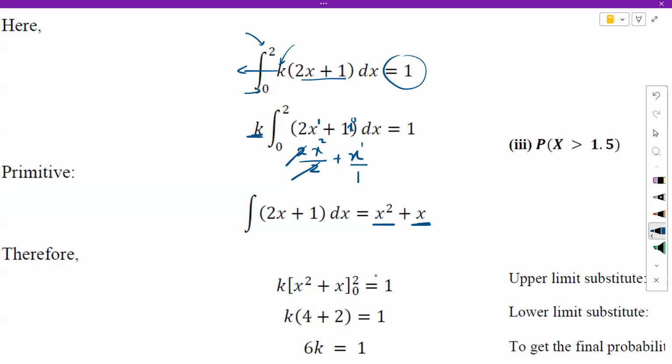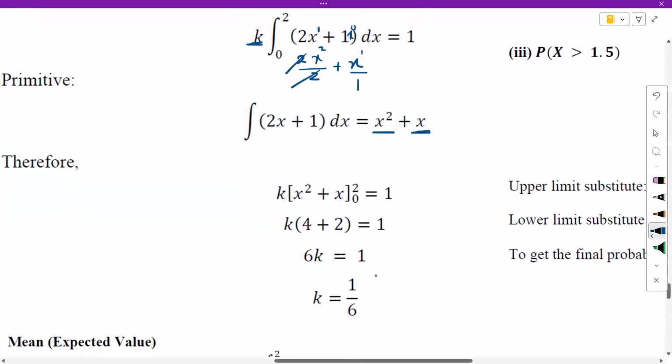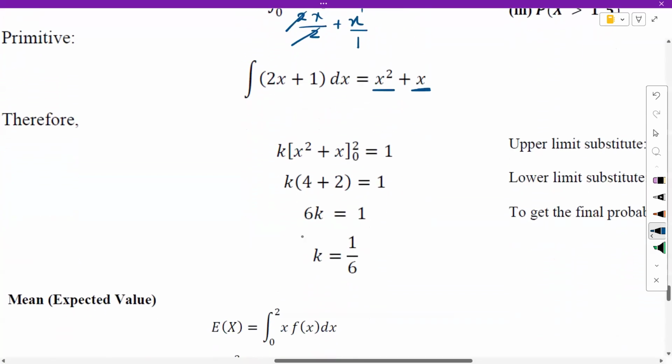Now we substitute the upper limit and lower limit. K is a constant, and this is the primitive form. This is the upper limit, this is the lower limit. The area equals 1. First we substitute 2 for x, so 2 to the power 2 plus 2.